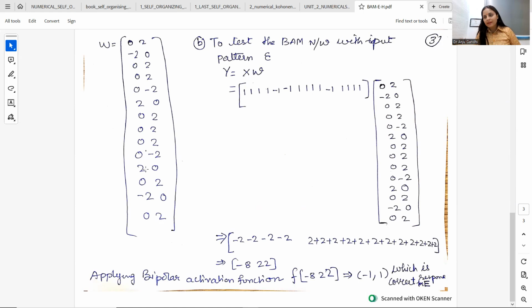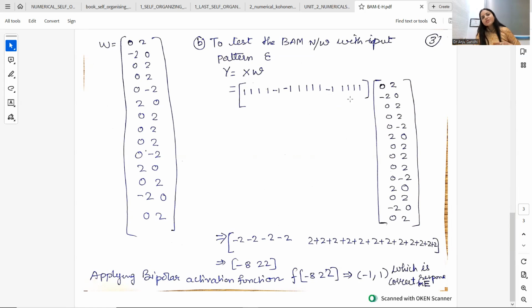The second task in this numerical is to test our bidirectional memory network with the input pattern E. As per the algorithm, for testing we compute Y, the output vector, equal to the input vector times the weight matrix. This is the input matrix for E and this is the weight matrix we just computed.